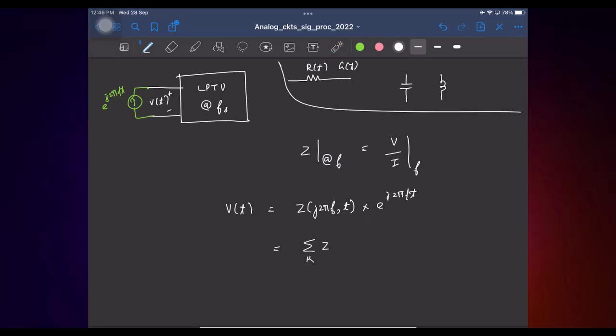This is similar to the harmonic transfer functions. So I'll have e power j 2 pi (f plus k fs) t. It shouldn't be surprising: you apply a tone at f to measure the voltage, and you see it has all frequencies at f plus k fs.